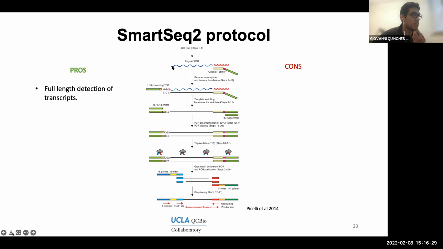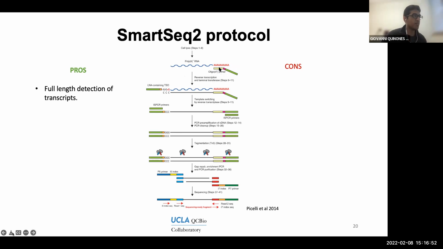You start with your original RNA molecule. If it's mRNA, you know it contains a poly-A, a stretch of consecutive A's. You make use of this poly-A in order to bind your primer that has a poly-T.